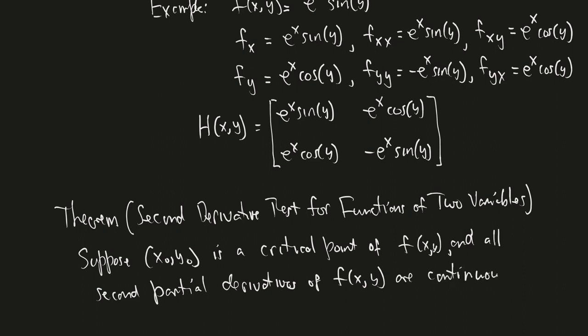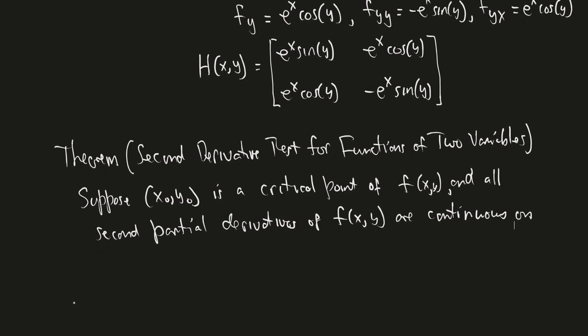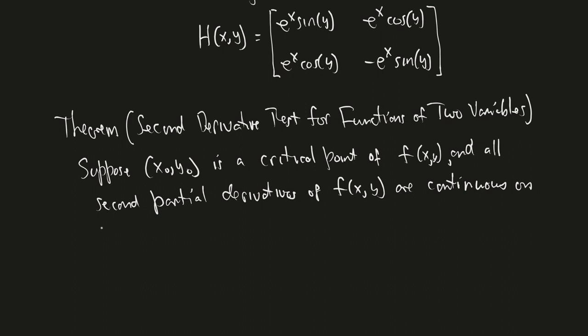Continuity is important there. So continuous on some region containing this critical point x0, y0. So that's the part of it. We have our critical point, and we know that the second partial derivatives are all continuous.